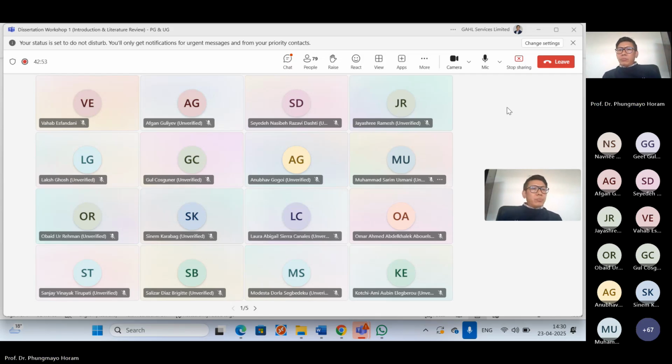So the second important part in a dissertation title is choosing the field, the area of the industry or the sector where you're planning to collect your data, your case study.